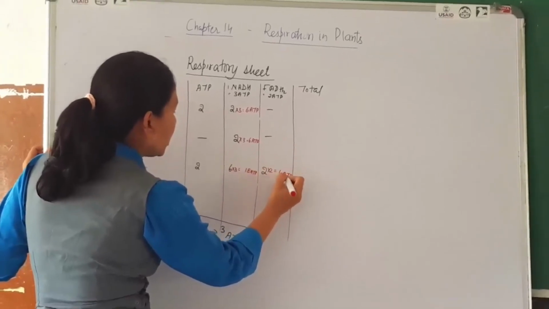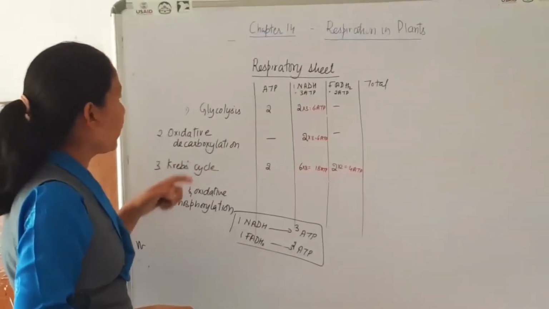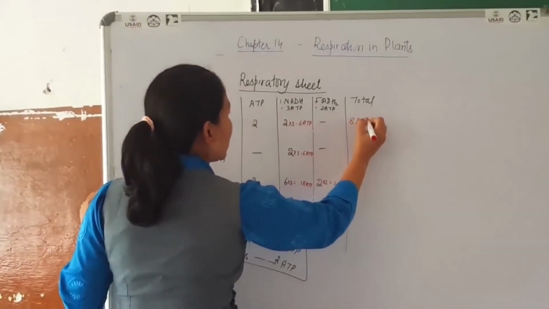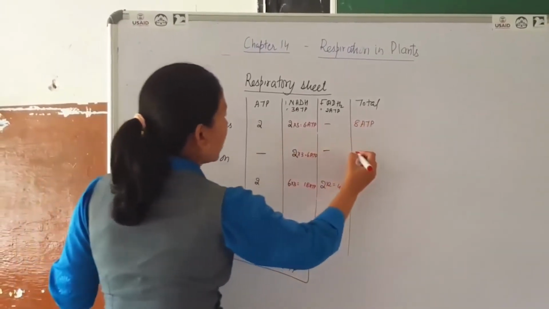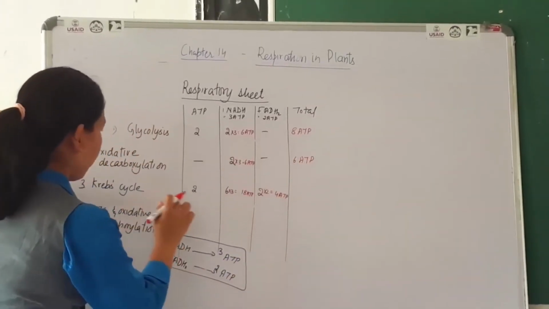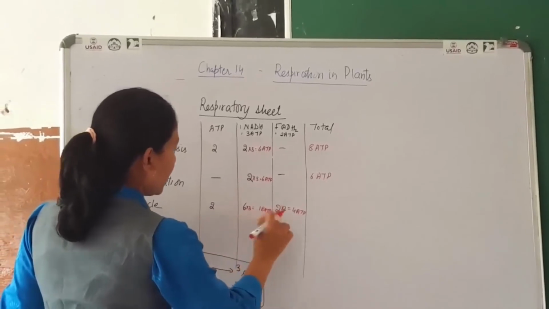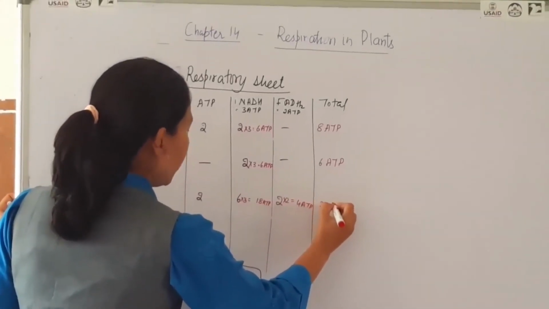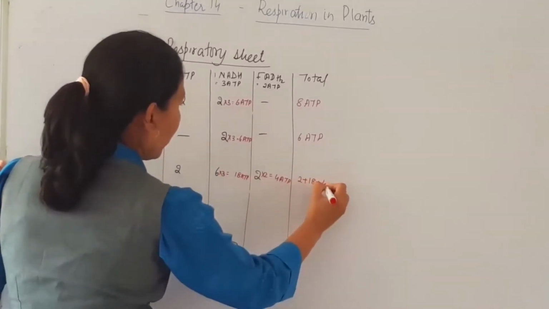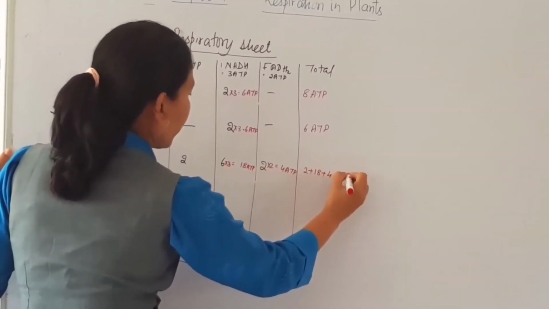4 ATP. Now let's total up. 2 plus 6, 8 ATP. And here, 6 ATP. And during Krebs cycle, we have 2 plus 18 plus 4.